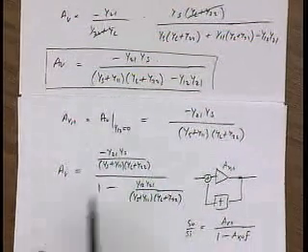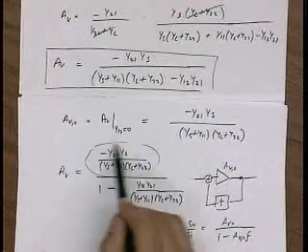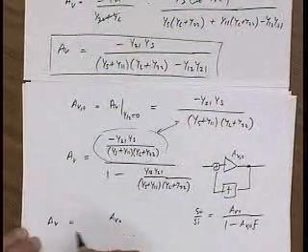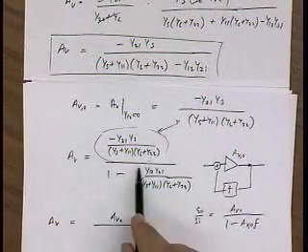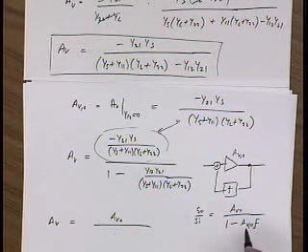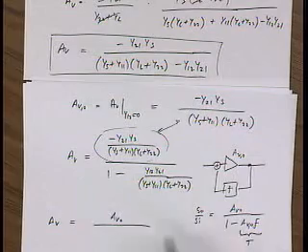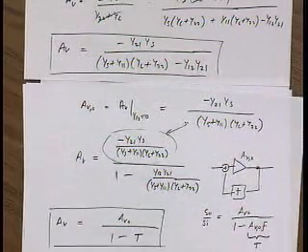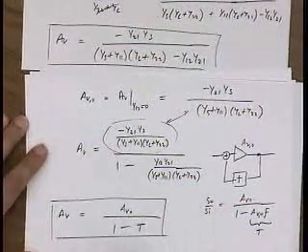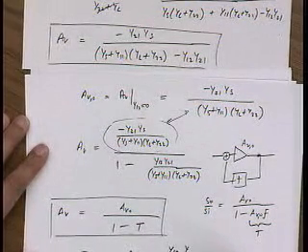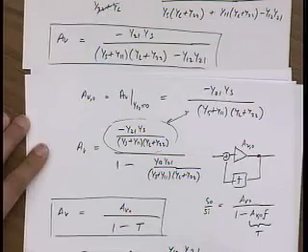Okay, and then you observe that this is actually what we just calculated. This is AV0. That means that if this model works, this term is equal to what we call the loop gain. So this is 1 minus T. And so T, which is AV0 times F, is equal to y12 y21 over (ys plus y11)(yl plus y22).